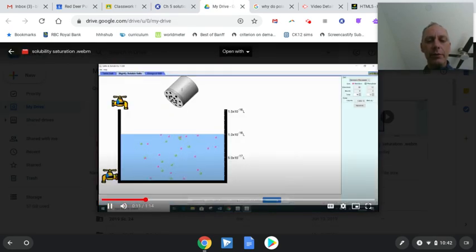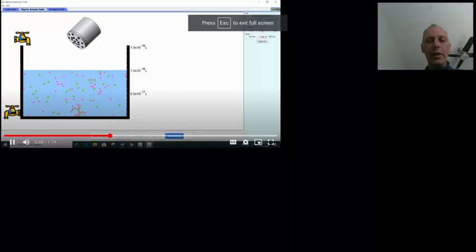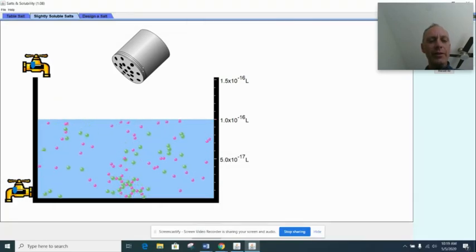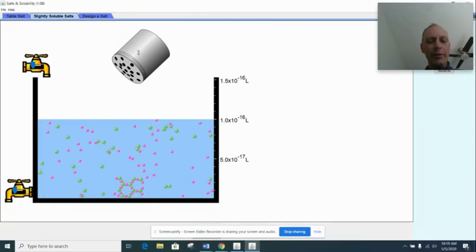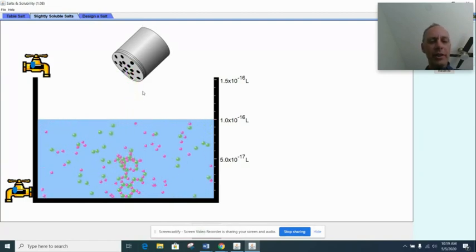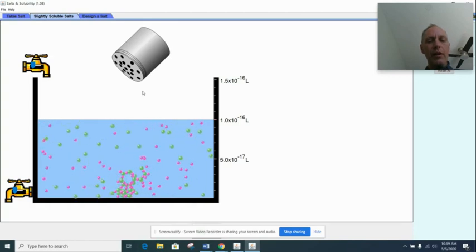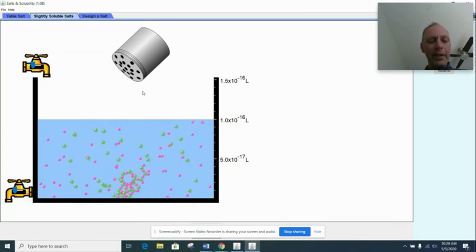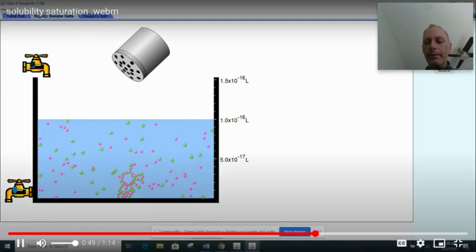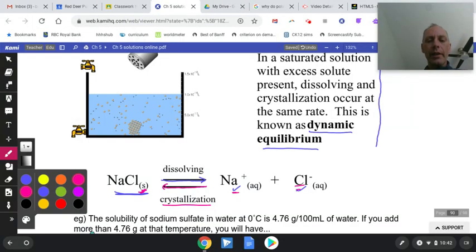So let's go to about here. Okay, so if you look at the block of crystals, you will see that it's not the same crystals that are staying solid. Some are dissociating and some are crystallizing, and you can watch it again when this chunk hits. So it's not all the same ions that are in that same solid. They're moving back and forth. Okay, so this is dynamic in that there's movement. That's what that means.